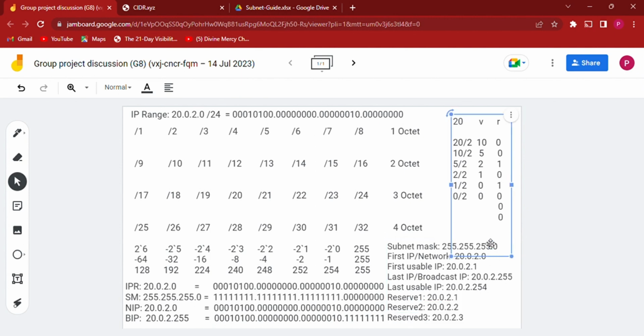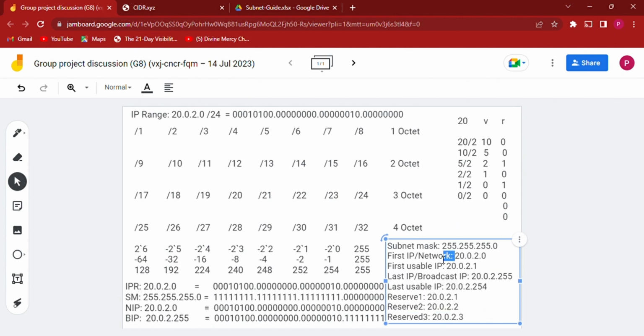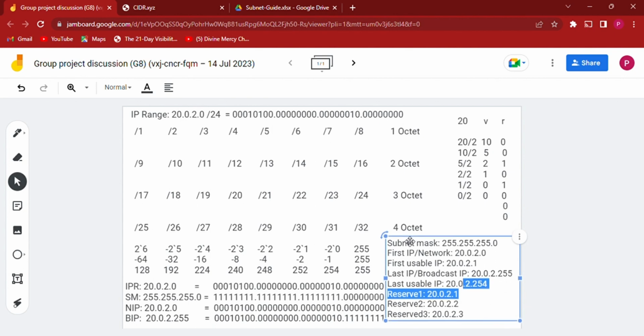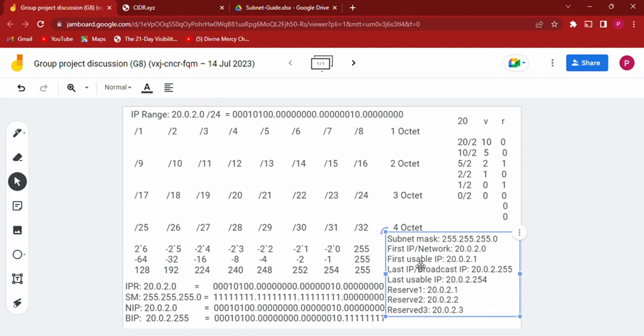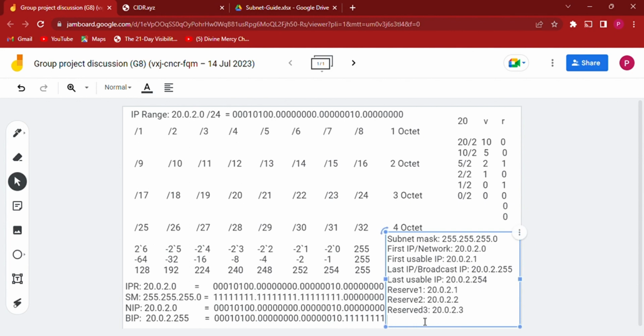The first IP is also not usable because it is reserved for the network IP, right? So 1, 2, 3, 4, 5 are not usable, which brings us to our next concern, that is to figure out the total number of hosts that we can get.